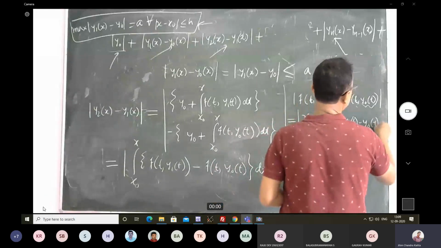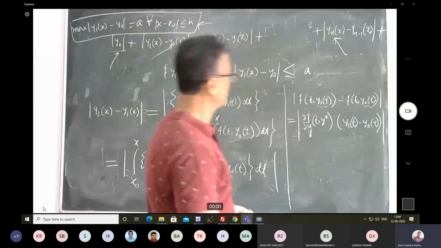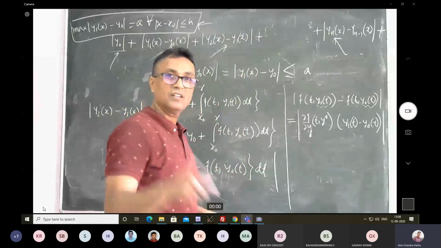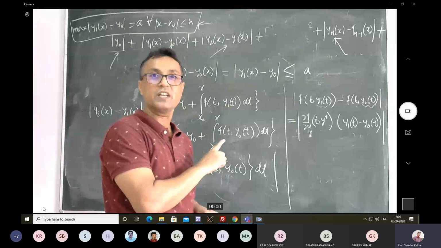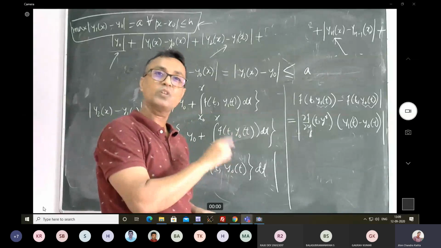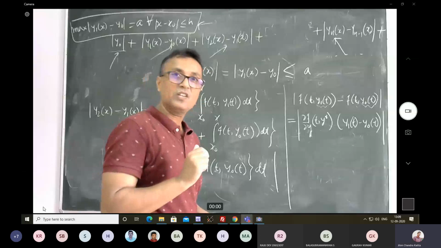Yes, because here t is equivalent to x, right? Okay. Is it okay with everybody? Because see here y is varying, so that is why I am going to take the partial derivative with respect to y. Is it okay?